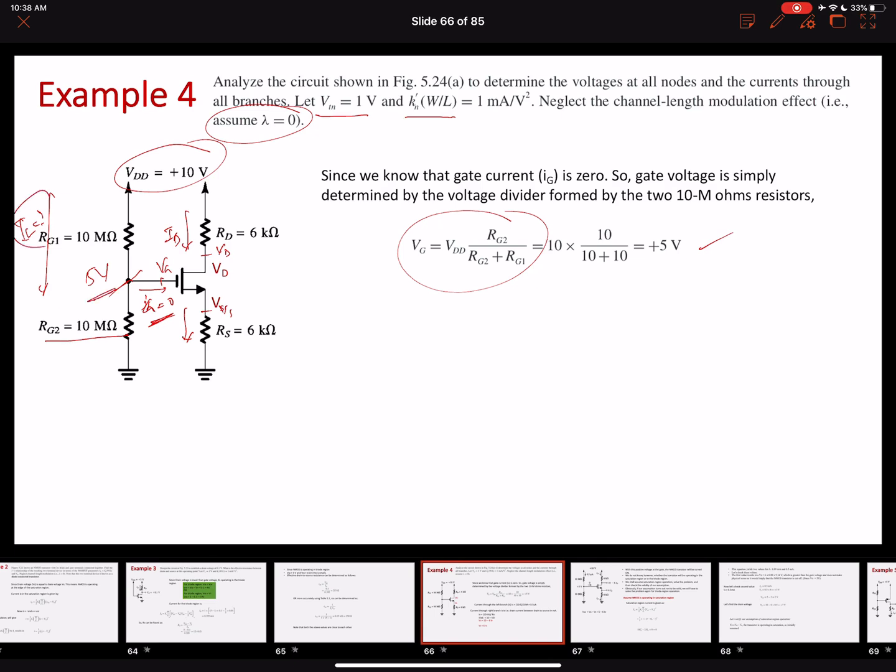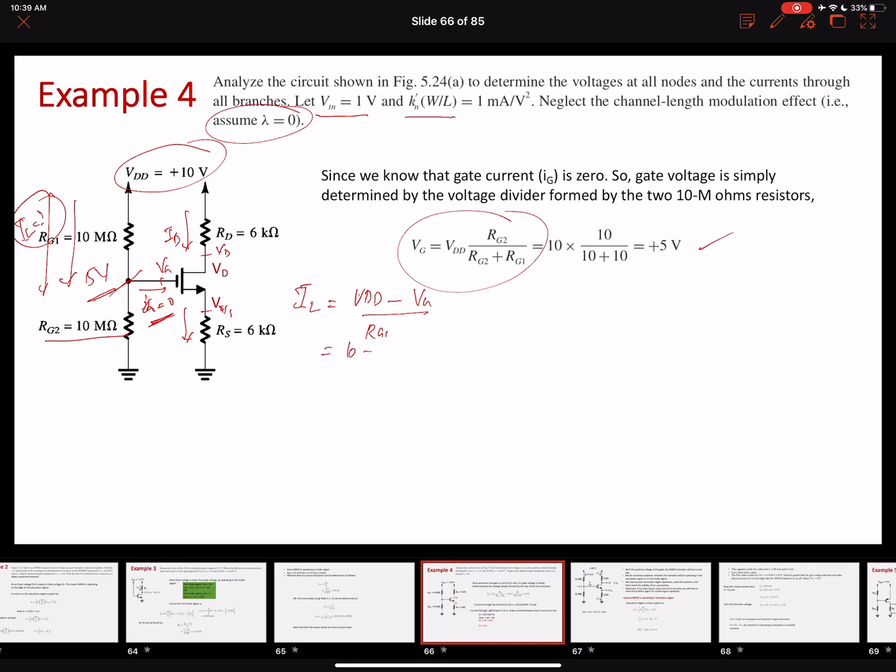We can also find the current flowing in this branch. Let's call this current IL. So IL is equal to VDD minus VG over RG1.